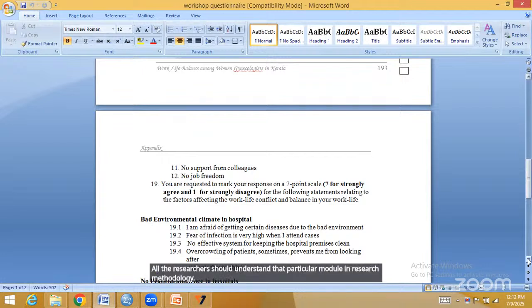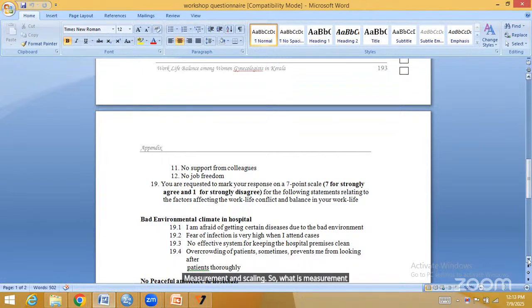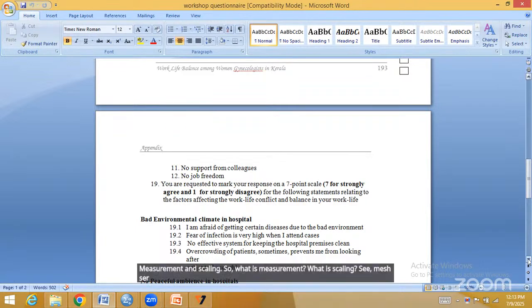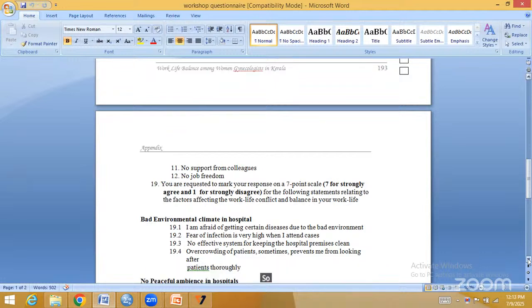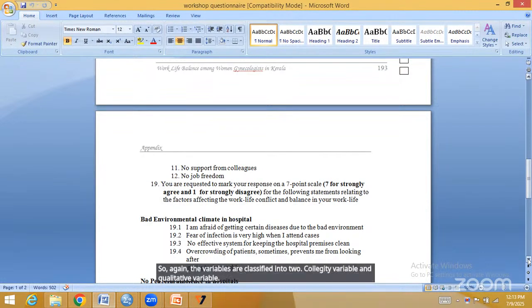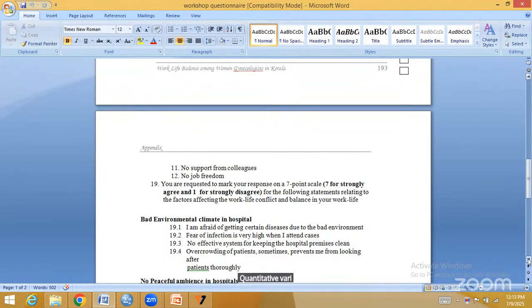So what is measurement? What is scaling? Measurement means measurement of a qualitative variable. Again, the variables are classified into two, quantitative variable and qualitative variable. Quantitative variable means the variable that can be expressed numerically. The qualitative variable can be converted into numerically expressed figure.